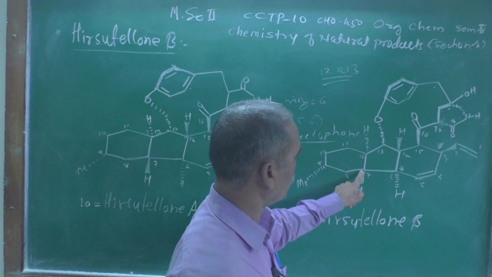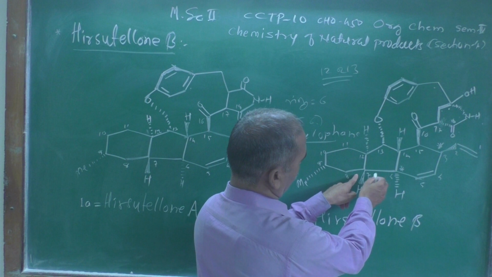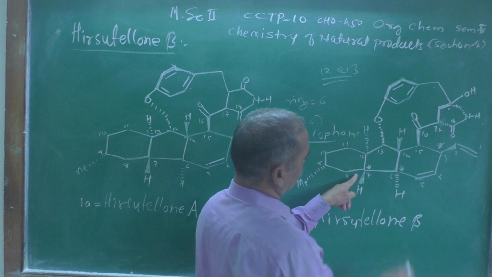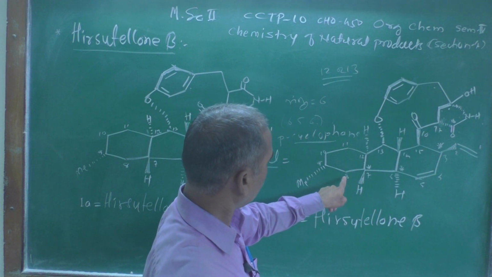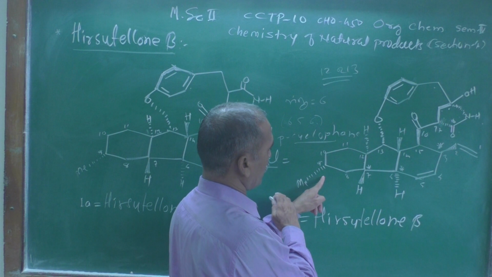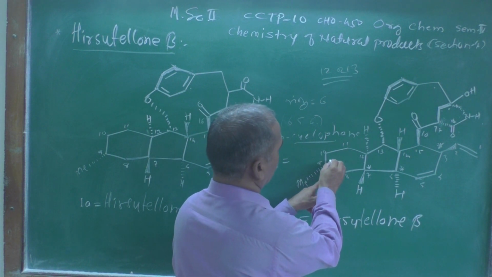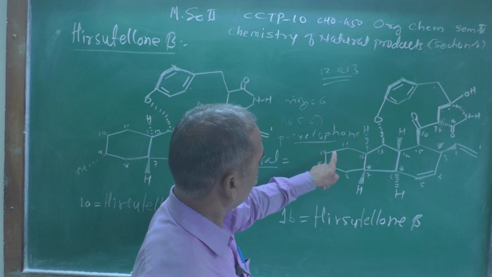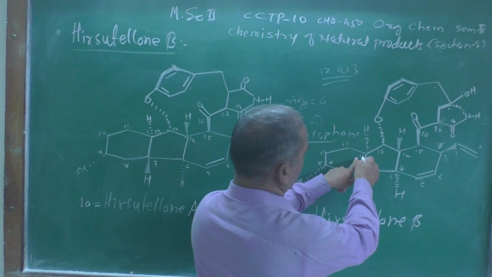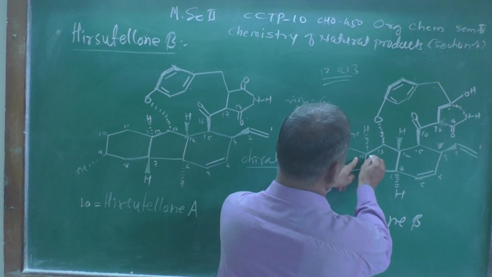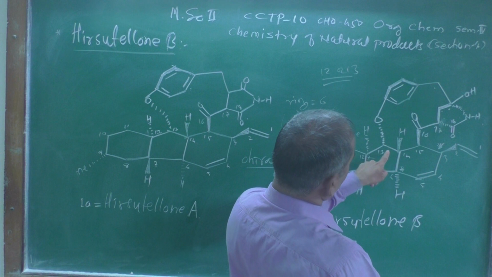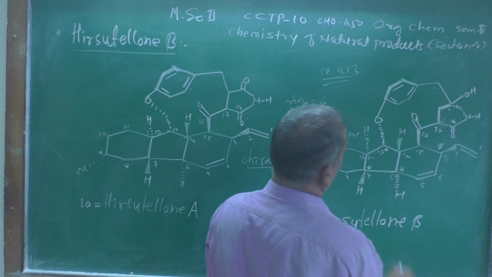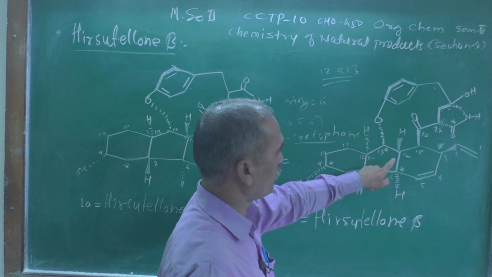Now carbon number 7 also has a chiral center, 4 different groups, so we can label it. Now 8, no. Is 9 a chiral center? Yes, it also has 4 different groups. And now if you go to 12, is 12 a chiral center? Yes. Is 13 a chiral center? Once again, yes, because carbon number 13 is attached to 4 different groups.